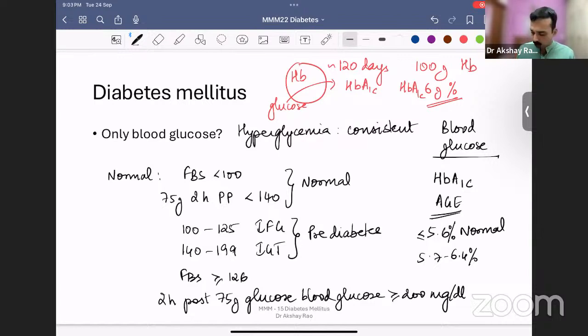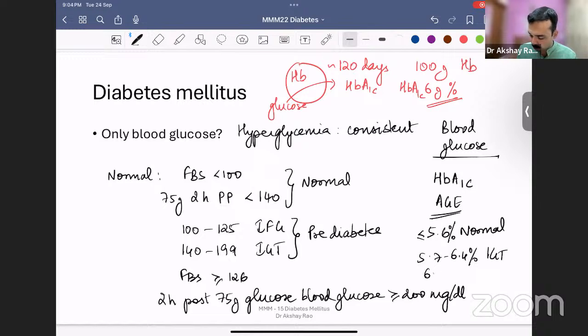If there is anemia, or for that matter, if there is polycythemia also, if there is erythrocytosis also, because whatever studies were done were in people with normal hemoglobin. If the hemoglobin is very low, or if it is very high, rarely very high, then the interpretation will get affected basically. So 6.4% will be impaired glucose tolerance.